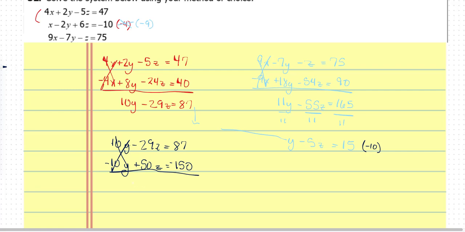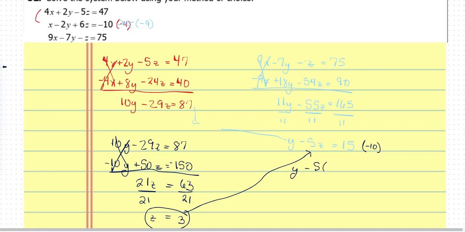And I have 21z is equal to 63. Divide both sides by 21. And so z is equal to 3. Now I have z. I can use that to help me find my y. And so I have y minus 5 times 3 is equal to 15. So y minus 15 is equal to 15. So y is equal to 0.